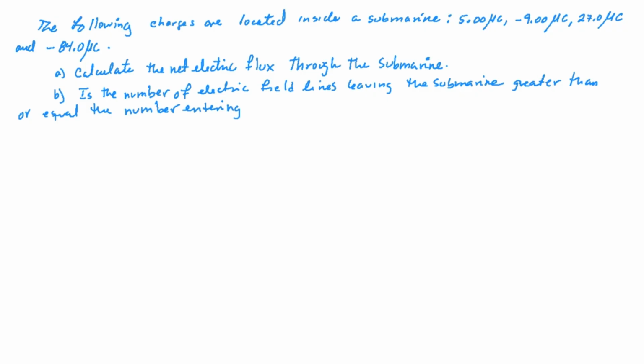So let's try to understand what is going on here. So we have the submarine, and we have here one positive charge of 5.00 microcoulombs. We have one negative charge of minus 9.00 microcoulomb, right?